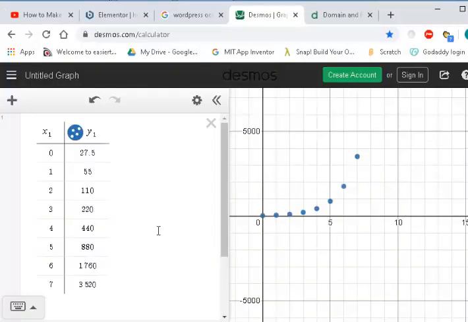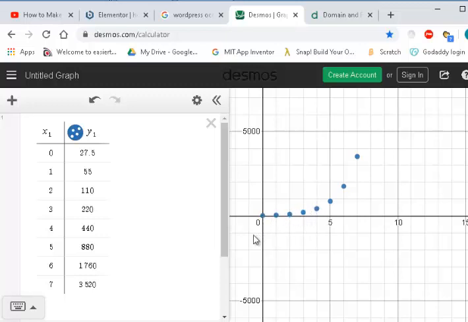Now to plot that table of values, I'm using Desmos, and this is the table of values here. Remember, x1 represents the A note, and y1 represents the frequencies. Now, if you plot the graph, it looks like an exponential relationship.